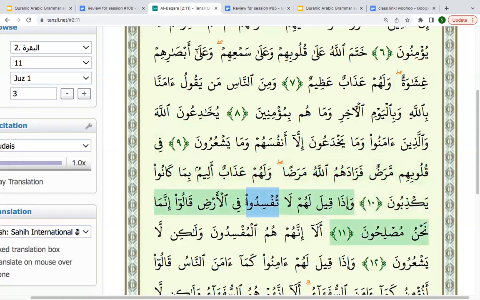Tufsidu. What do you think? Very well done. So first of all, you forget about waw and alif al faraka. Tufsidu, yufsidu. So what can be the past tense form for this? I will ask my sisters who are doing it for the first time. Alina, can you try the past tense form for tufsidu?